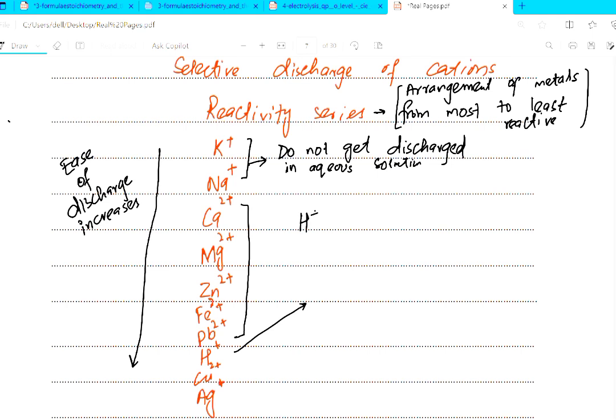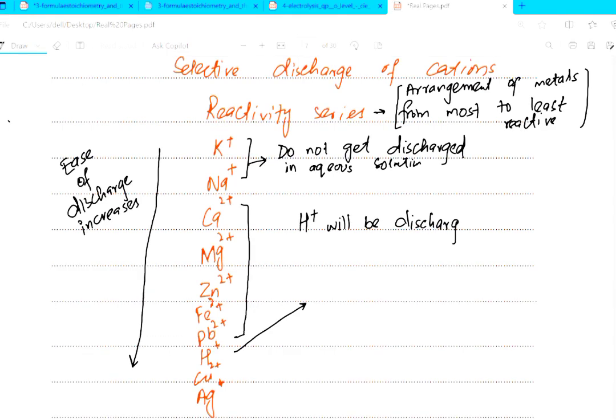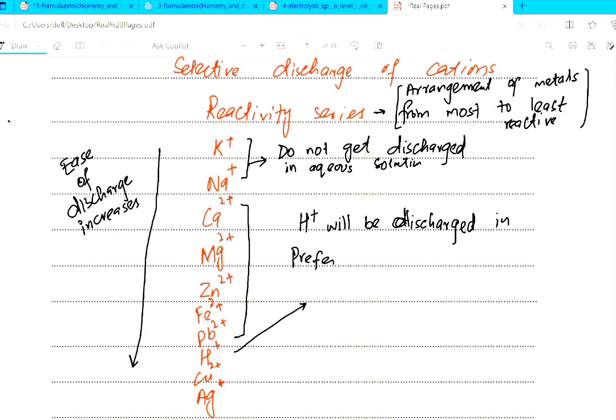Okay, H+ will be discharged preferentially, or you can say in preference to the ions above it.